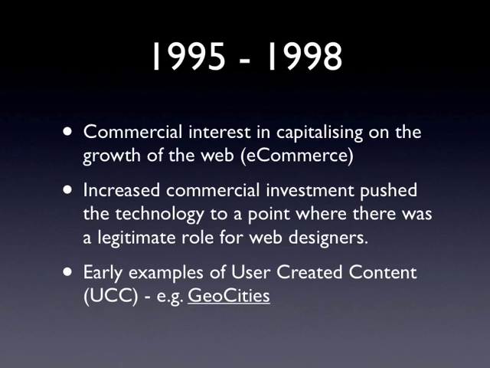Okay, and then we get towards the latter half of the 1990s, and this is when the internet started to become sort of popularly adopted. So it moved out of purely research institutions, and people were starting to connect a lot more to the internet just as general consumers of information.